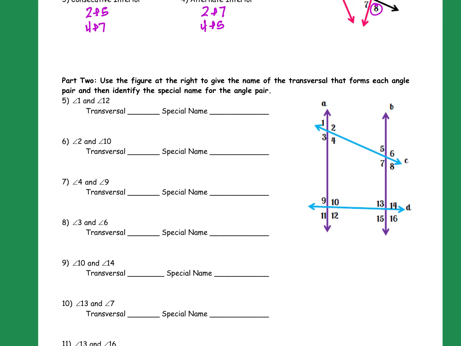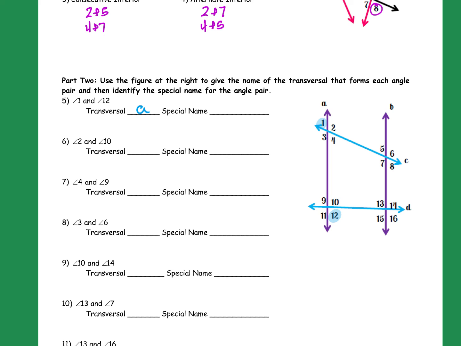So we're going to look at angle 1 and angle 12, right? So my transversal that I'm looking at is A. I don't need to name the angles. They've already given me the angles 1 and 12.